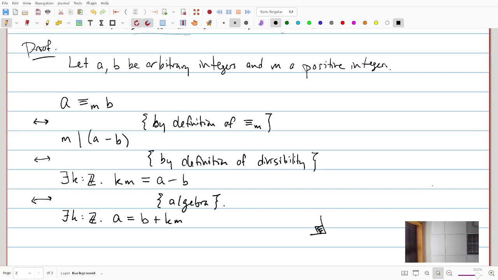And then this is an if and only if because I could subtract B from both sides to get back to this. I could add B to both sides to get this. I can do it either way. It's not only a one-way thing. For example, something that would only be one way is if you have x squared equals y squared, and you take the square root of both sides.